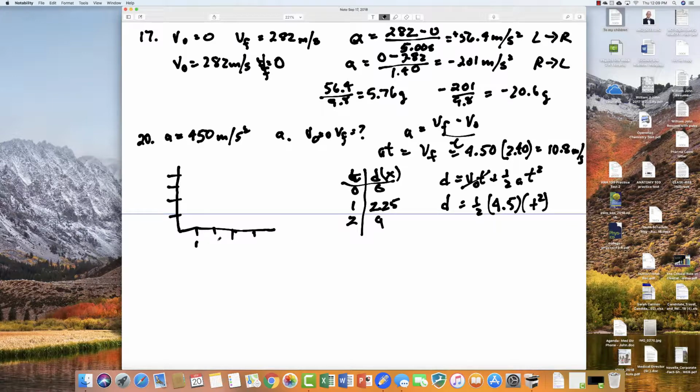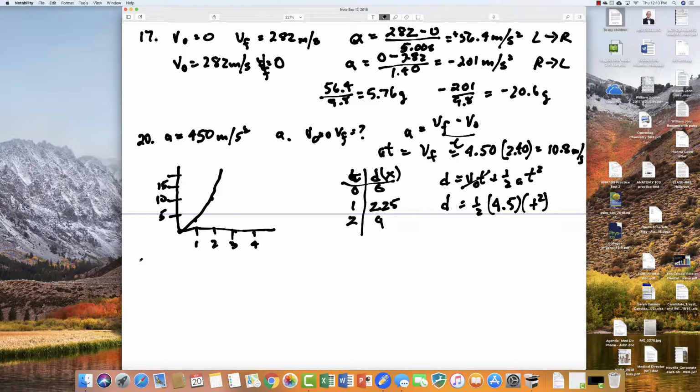And if this is 1 second, 2 seconds, 3 seconds, 4 seconds like this, and this is, say, 5, 10, 15, then you start at 0, then at 1 you're at 2.25, which is about right there. At 2 you're up to 9. And so your curve is going to look something like that.